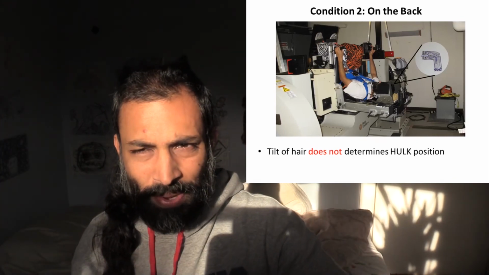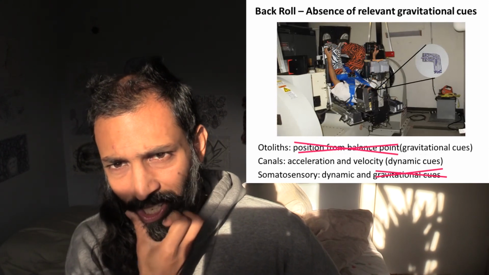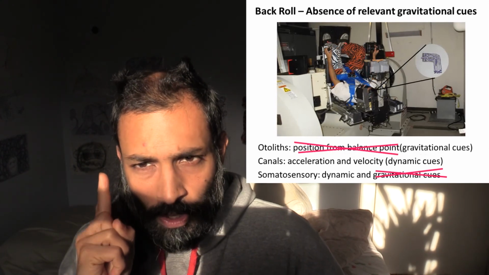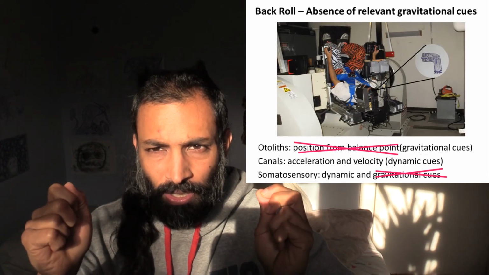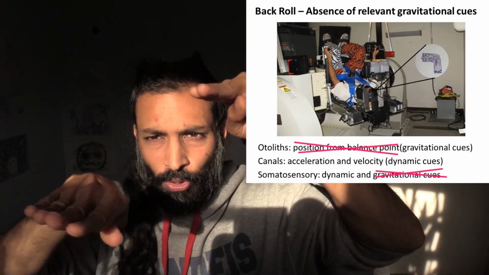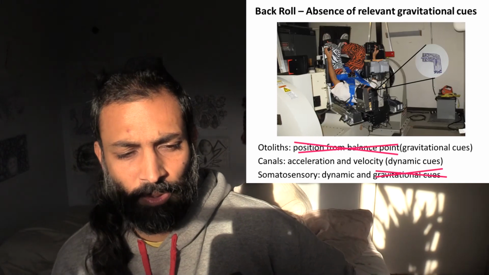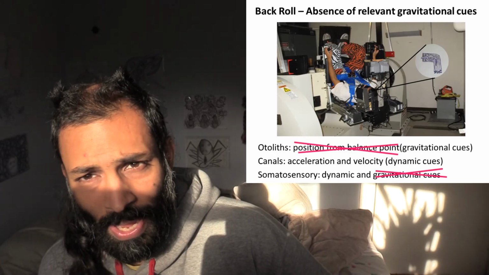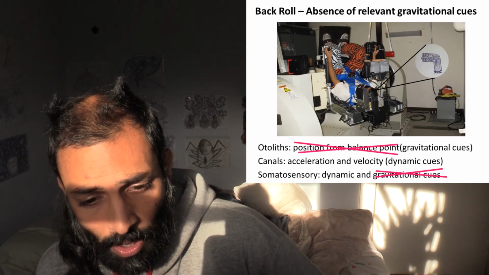So what that means, this is a little bit confusing, but this is the most important part of the presentation, is that when you're on your back, you can't use gravity anymore to figure out how far away you are from the balance point, because you're no longer tilting relative to gravity. You're always the same distance from gravity. So really, when you're on your back, you don't have a sense of position, like how far away you are from the balance point.